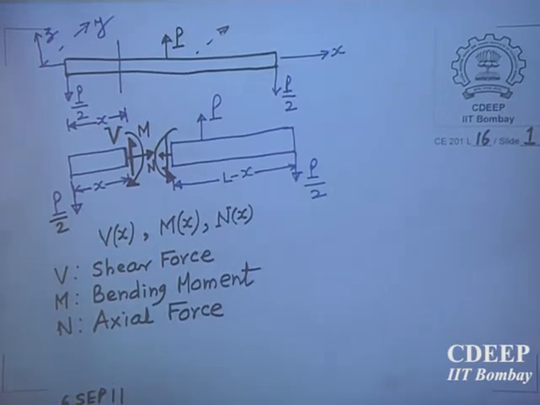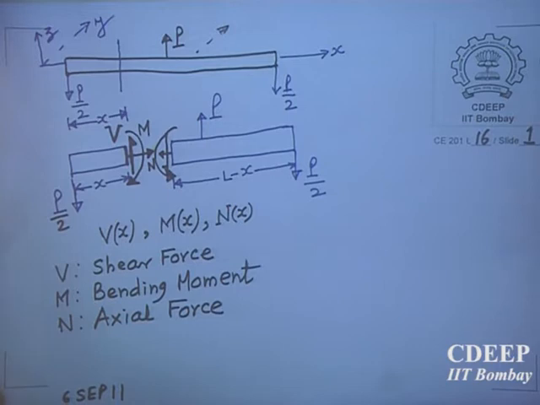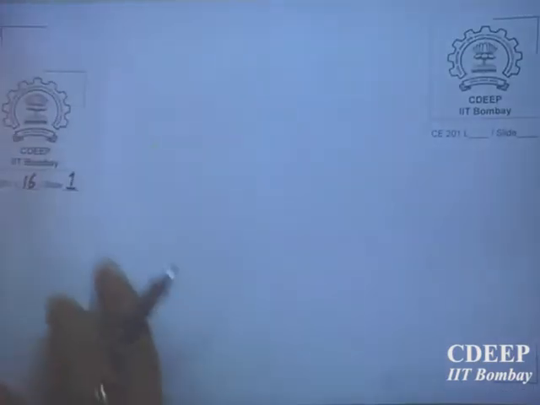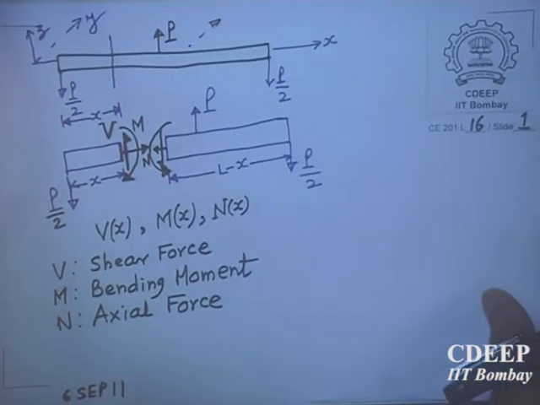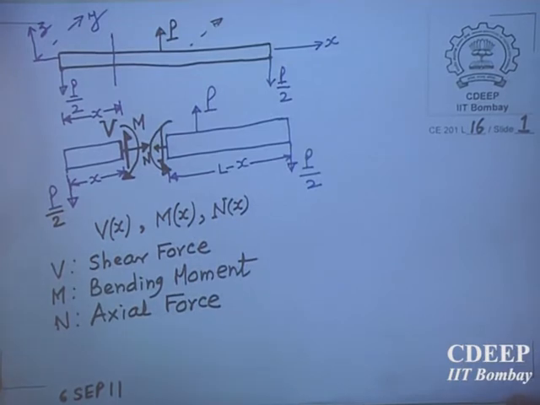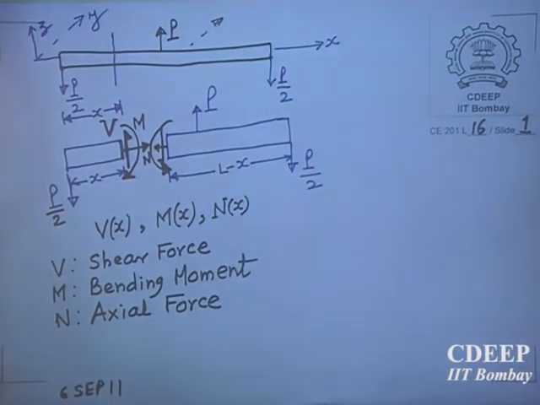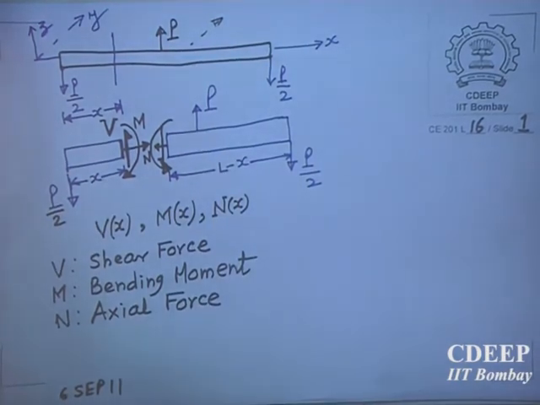So at any cross section, if you assume something on one side, on the other side there must be equal and opposite forces. Normally we work with a positive face or negative face depending upon the convenience of the problem.